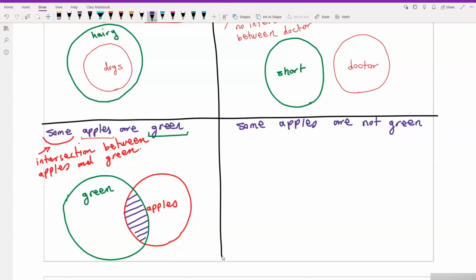And finally, some apples are not green. We have an intersection, but here it says "are not green." Again, I'm going to start with the first one, apples.